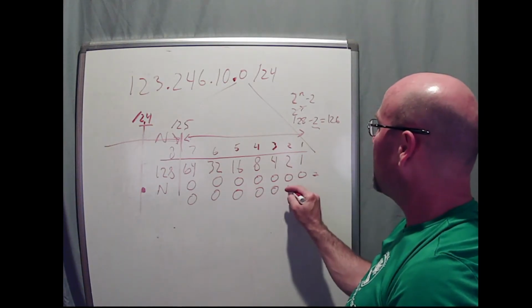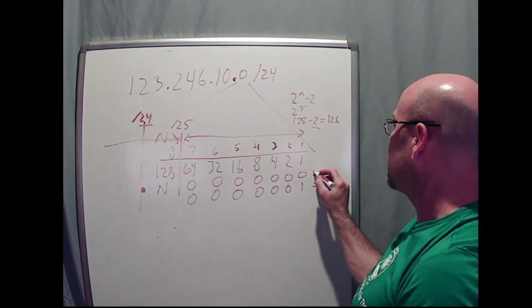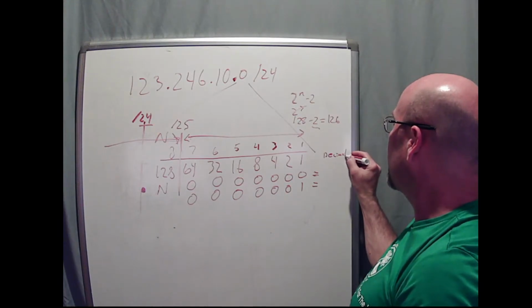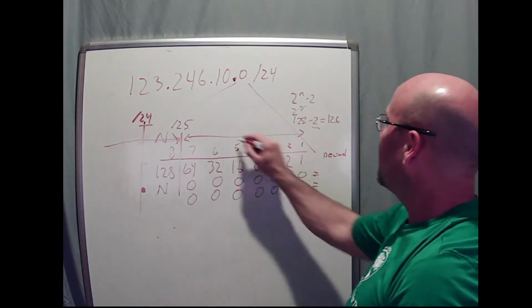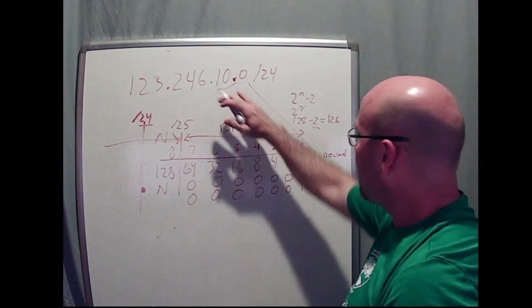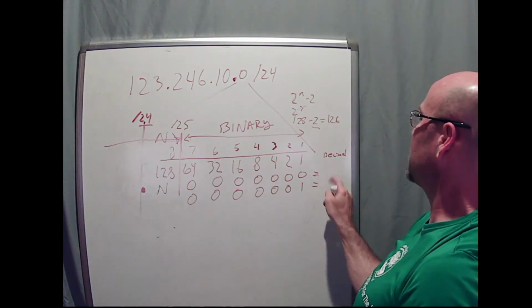The next one would be like that. I'm putting in equals here because this is what we convert back to decimal. This is binary. This is our binary chart. All this down here, but we're going to convert it back to decimal over here.